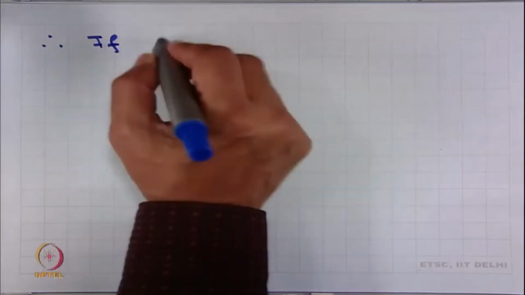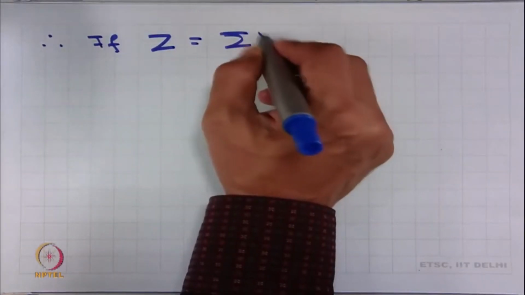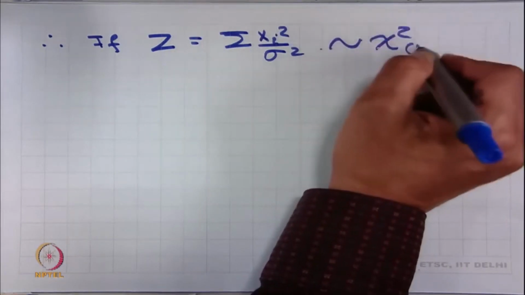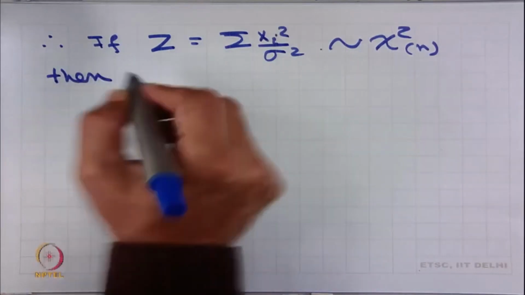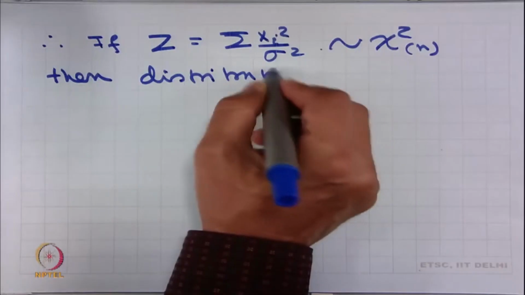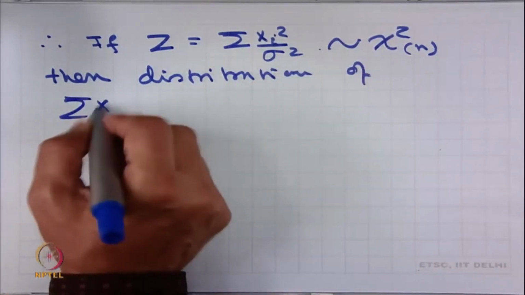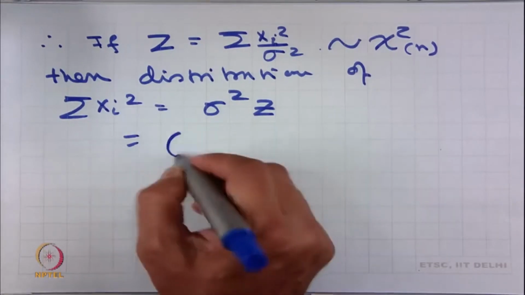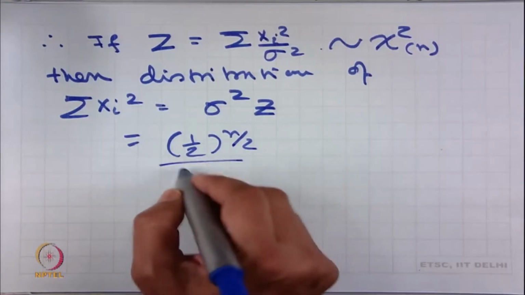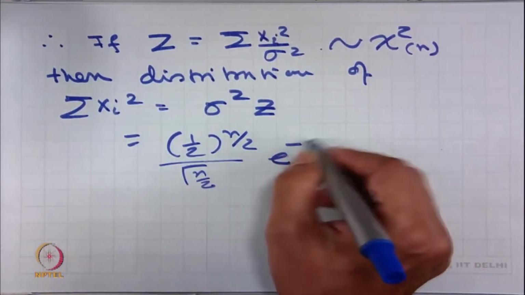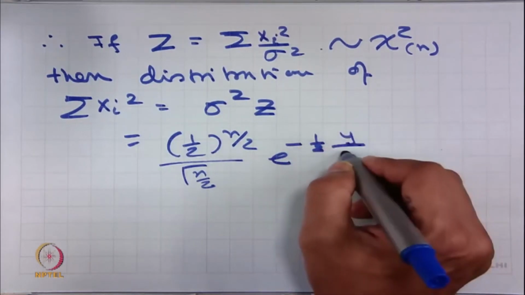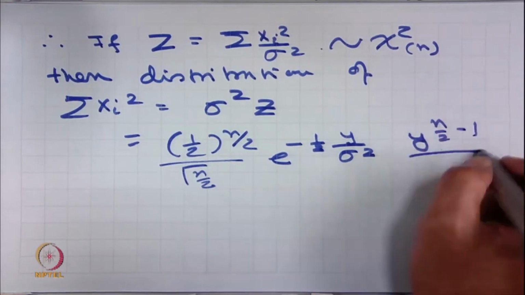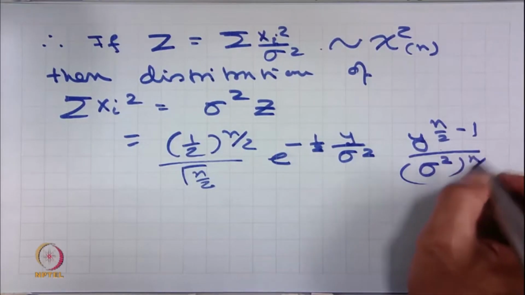Therefore, if z is equal to summation xi square upon sigma square is distributed as chi-square with n degrees of freedom, then the distribution of summation xi square, which is sigma square z, is equal to half to the power n by 2 upon gamma n by 2, e to the power minus half y upon sigma square, y to the power n by 2 minus 1 upon sigma square to the power n by 2.